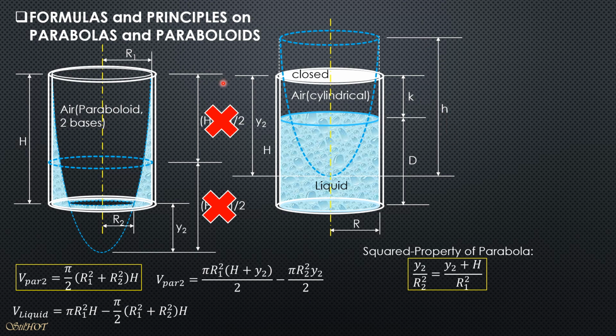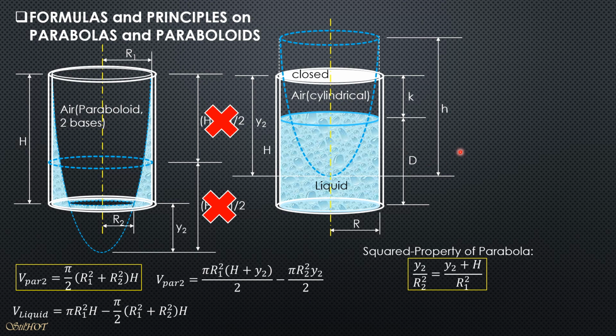Then still this does not apply anymore. So in other words, this horizontal surface will not divide the height into halves because the paraboloid of revolution extends outside the parent right circular cylinder.